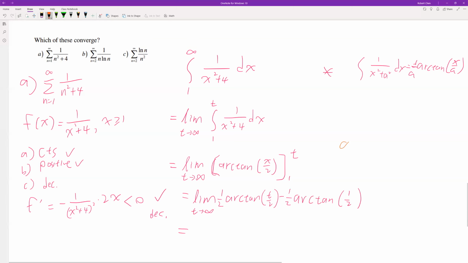Arctangent of x approaches pi over 2 as x approaches infinity. Right. So this first term here is going to be approaching pi over 2. So 1/2 times pi over 2 minus 1/2, and arctangent of 1/2 is actually, you can type that into the calculator. Let me do that real fast.